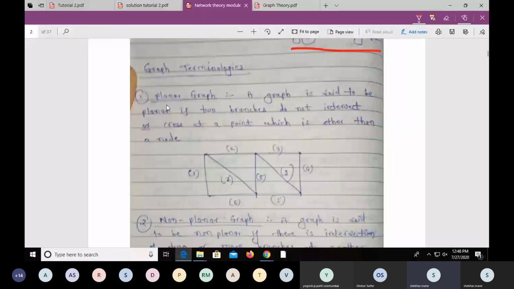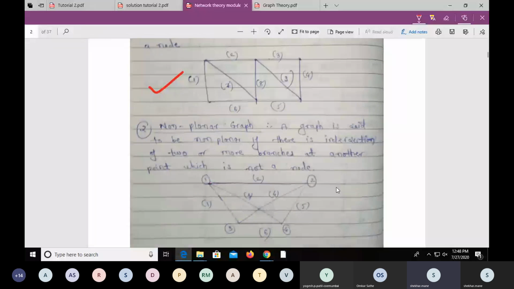So you can see in this example, there are no two branches intersect with each other or cross with each other other than node. So this kind of graph is called as a planar graph.